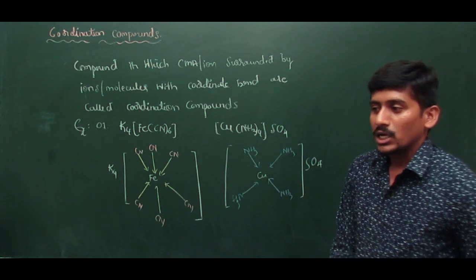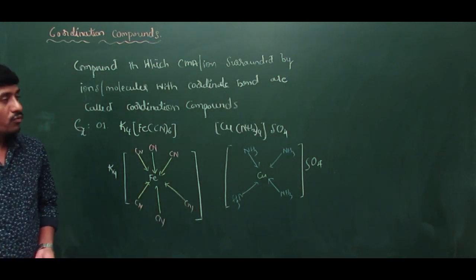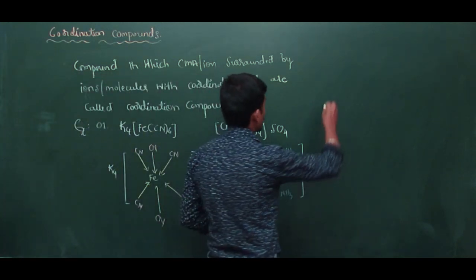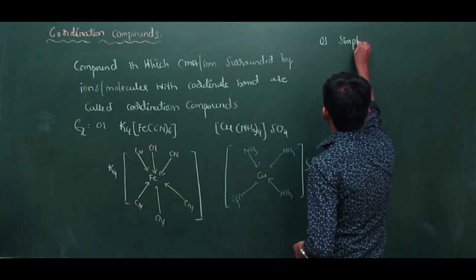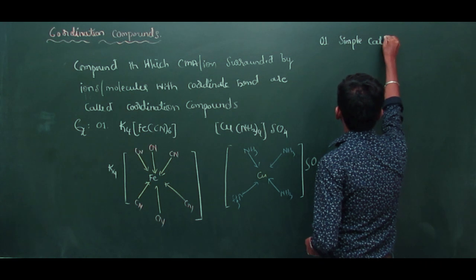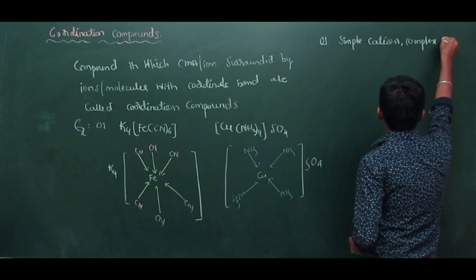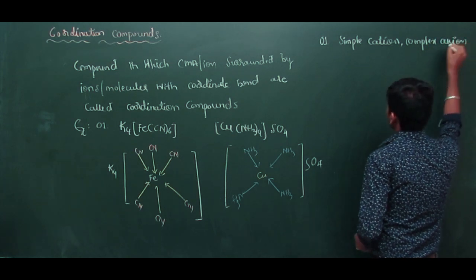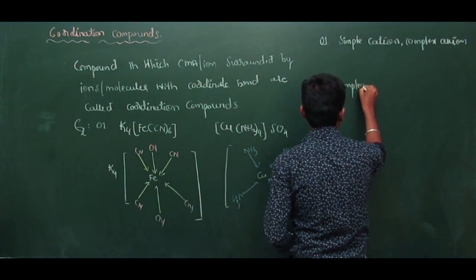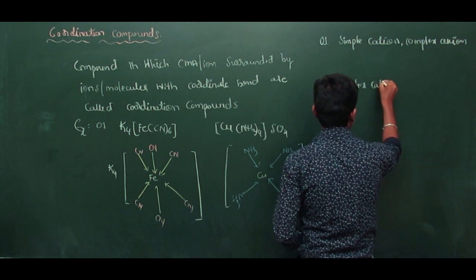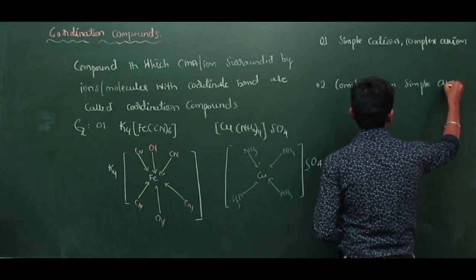Okay. There are types of coordination compounds. There are four types of coordination compounds. First one, simple cation complex anion. Second one, complex cation simple anion.